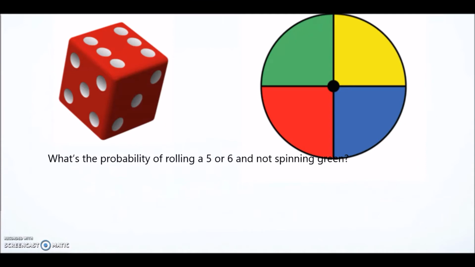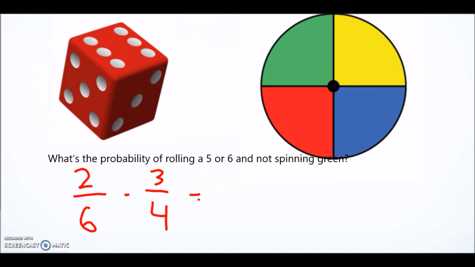Let's do another one. What's the probability of rolling a 5 or a 6 and not spinning a green? 5 or 6. Well, that's 2 of the 6 sides. And not spinning a green looks like 3 out of the 4 for the spinner.